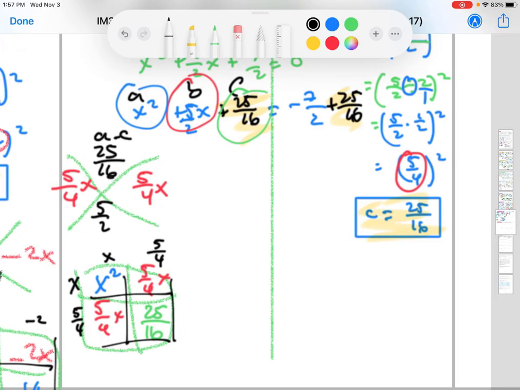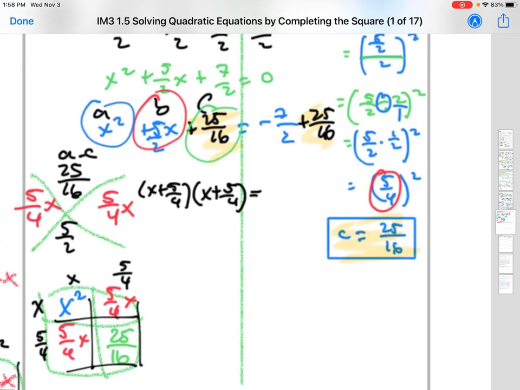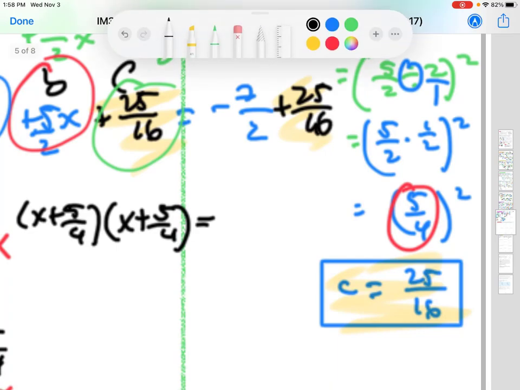So multiplied by 8, so that would become negative 56 plus 25 over 16.